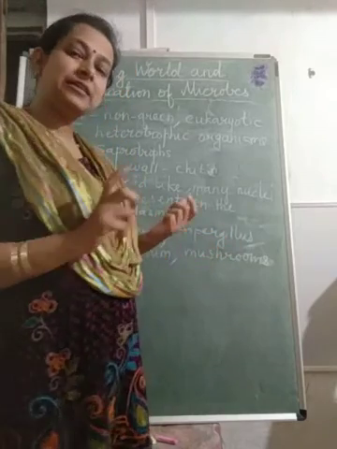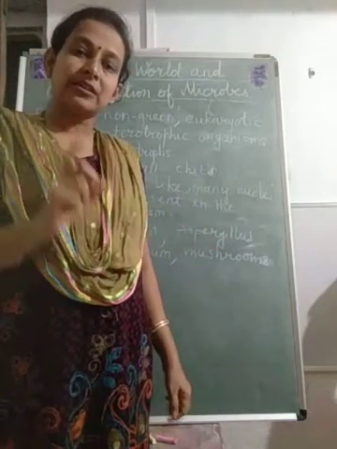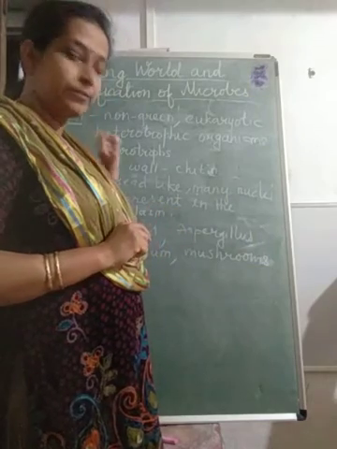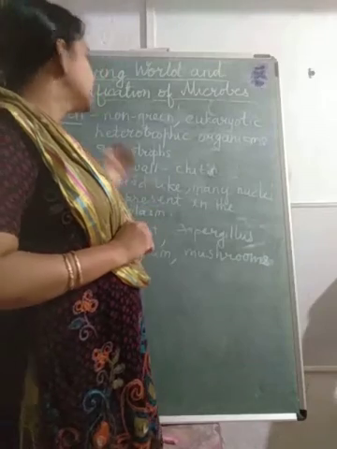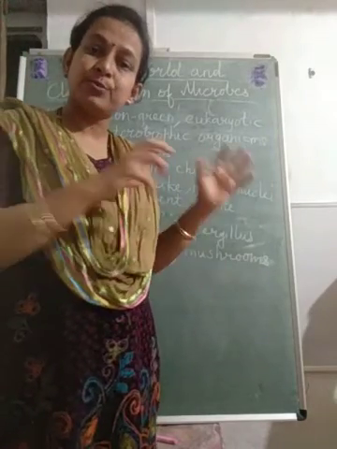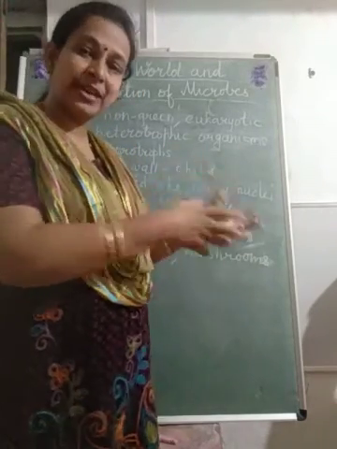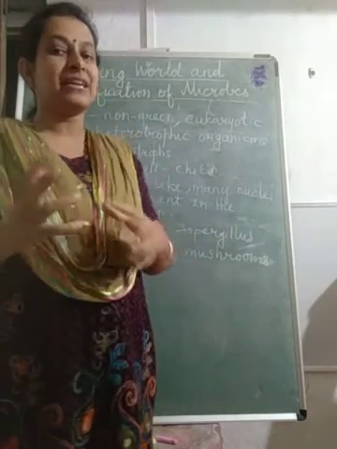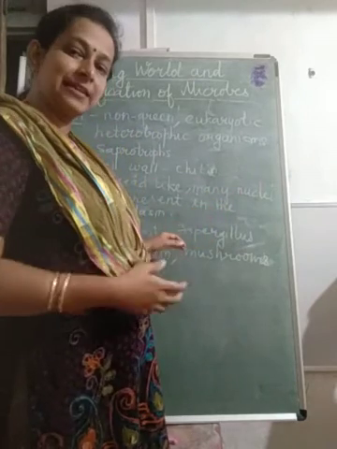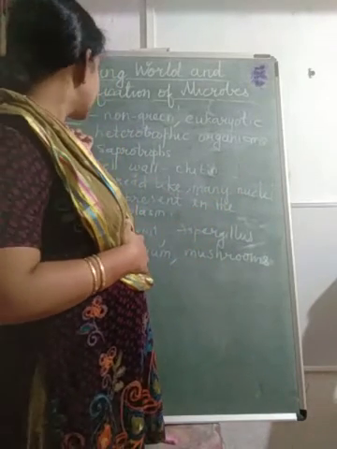Yeast is the only unicellular fungus in the fungus kingdom. Since many characteristics of yeast are similar to kingdom fungi, it has been put there, otherwise it would have been put in kingdom monera or kingdom protista, but the cell size and other features are similar to the kingdom fungi.